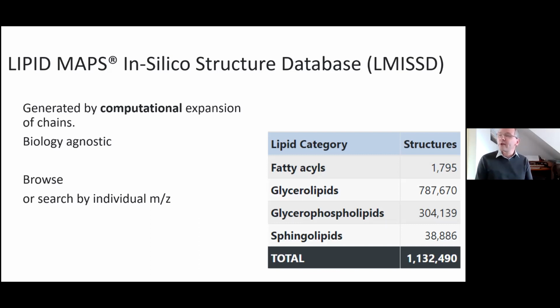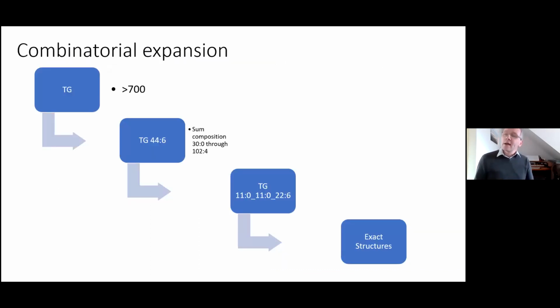By combinatorial expansion, what I mean is, in the triacylglyceride category, there are over 700 molecules there, split initially by the sum composition, so the species level, where you have 44 carbons, 6 double bonds between the 3 acyl chains.